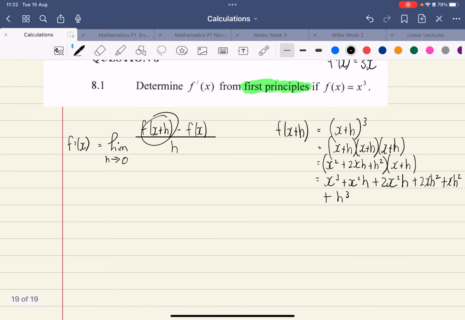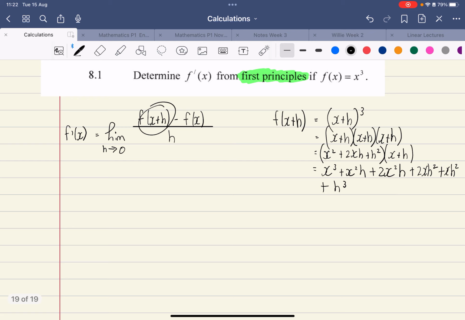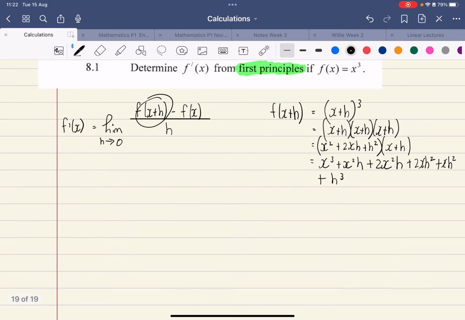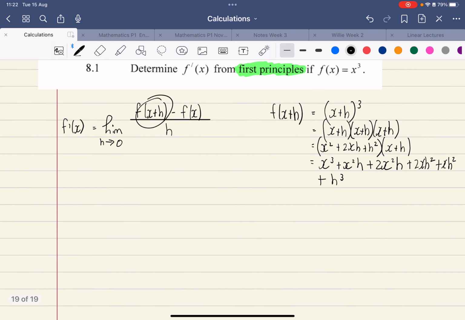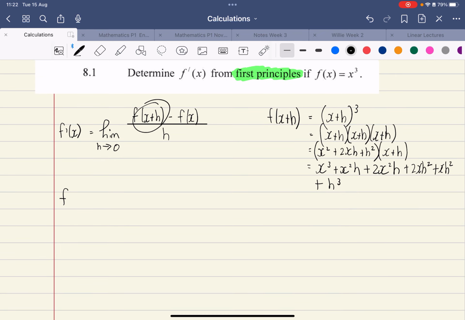Alright, perfect. There's a bit of algebra in these types of questions, but it's alright. Just keep your thinking hats on and work slowly. So we can now rewrite this, and we must rewrite it properly each time, putting the limit in the correct space, else it will be incorrect. So f of x plus h we've determined to be, can we simplify this?